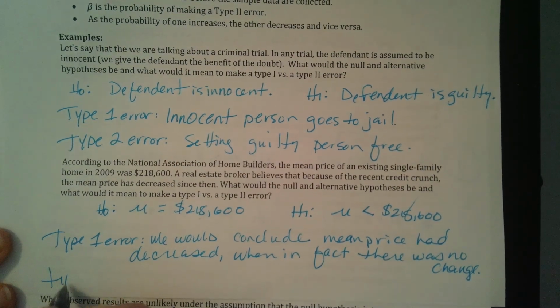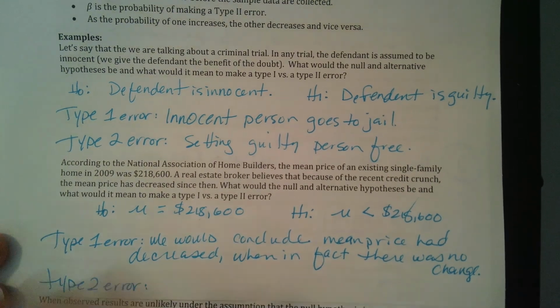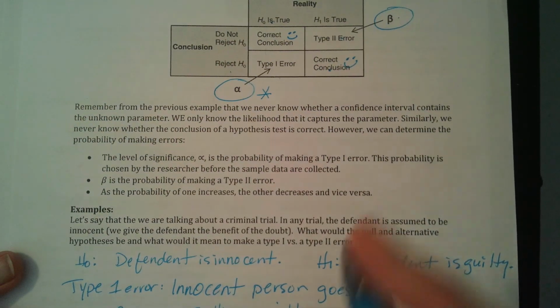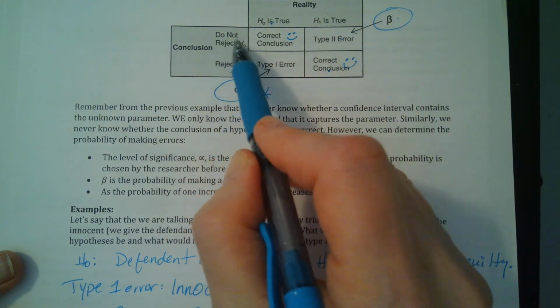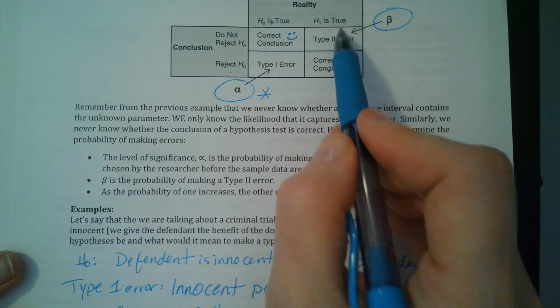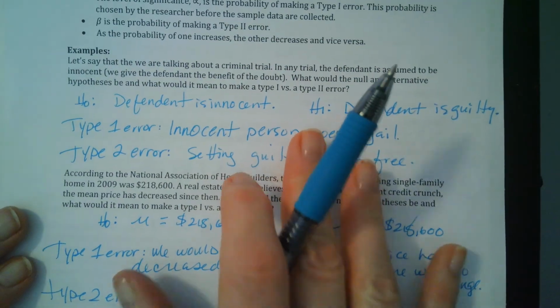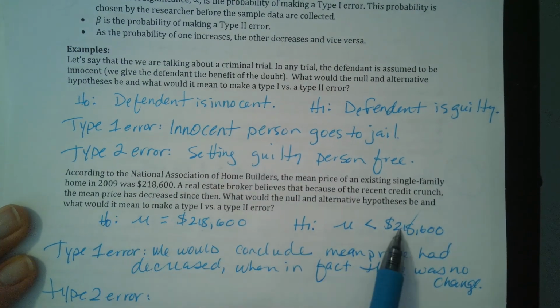Now, a type 2 error, let's go back up to the type 2 error. The type 2 error is made when you conclude that you are not going to reject the null hypothesis, but the alternate is true. So that would mean we are concluding that we are not going to reject this, but this was true.